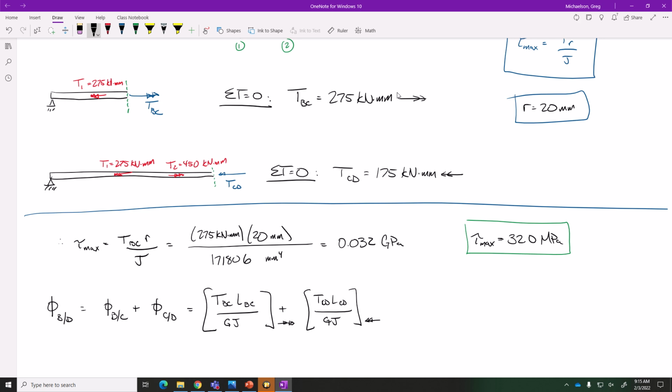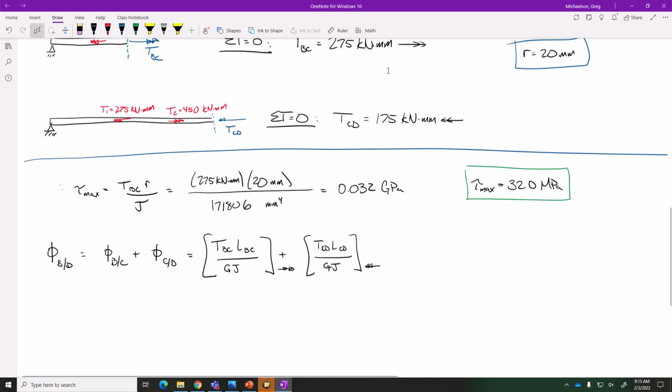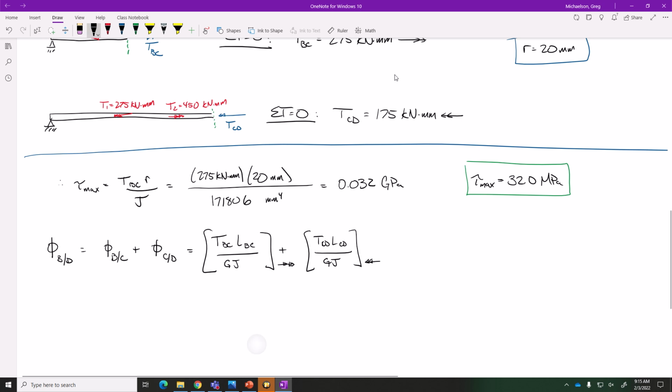See, when you chug this out, at this point it's just plug and chug, you get 0.0100 radians this way, plus, and over here, you get 0.0051 radians this way.